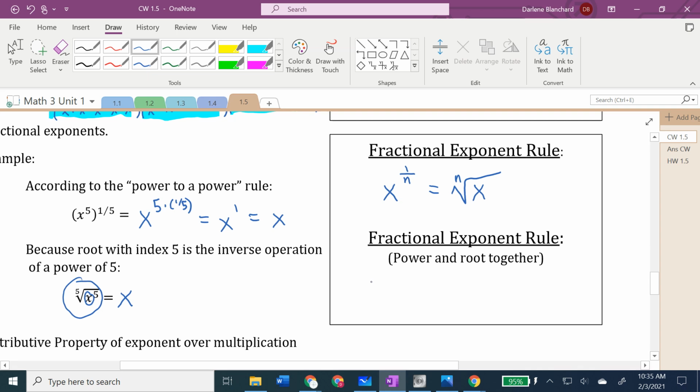And if I put this together, I can add on x to the power of m divided by n is the nth root of x to the m power.